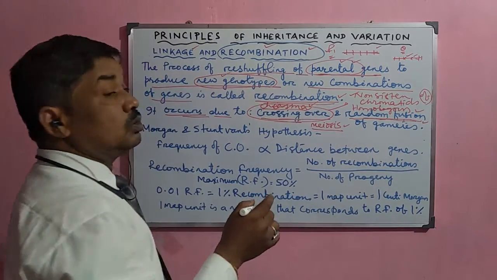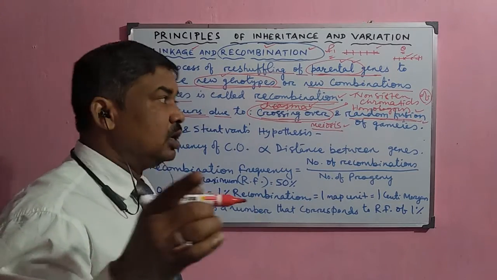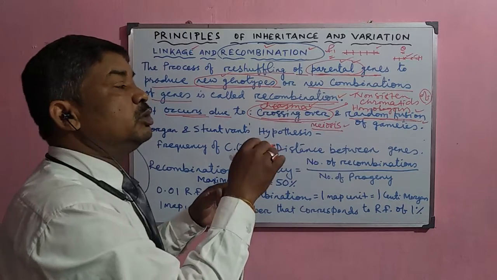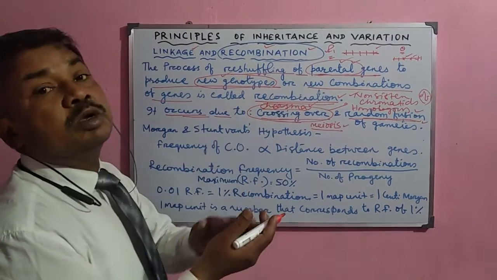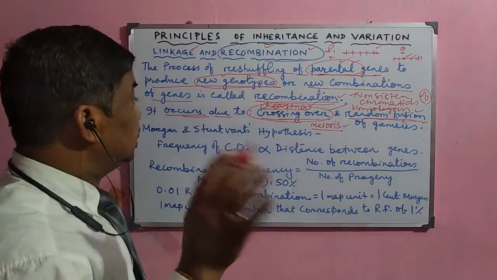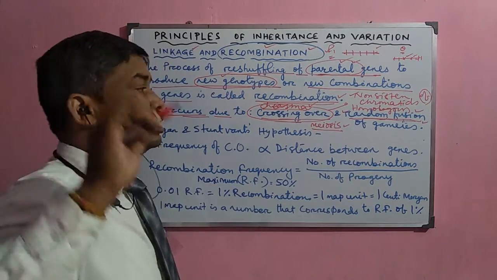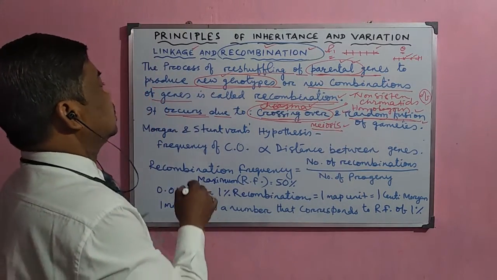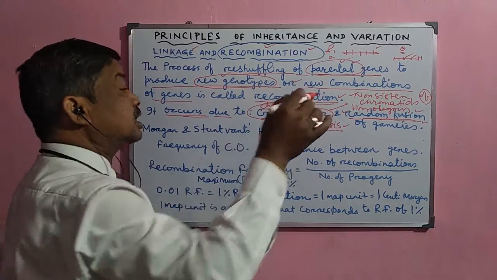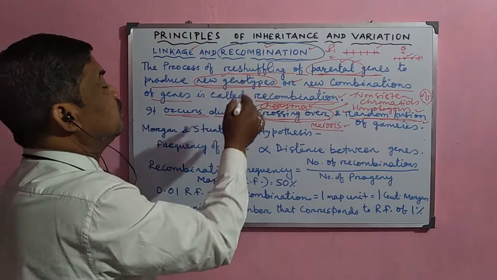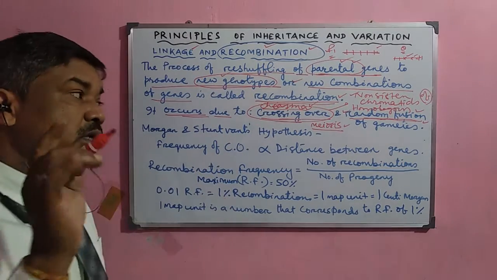So due to crossing over, that means exchange of genes between the non-sister chromatids, and the random fusion of these gametes, this type of recombination occurs, this type of variation occurs, and this new type of combination is observed here.